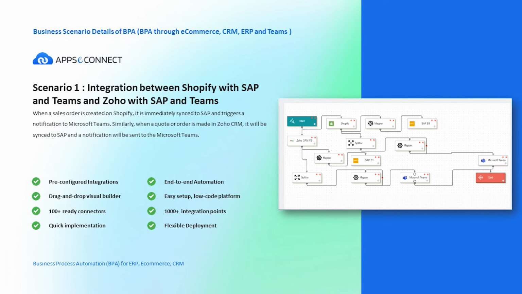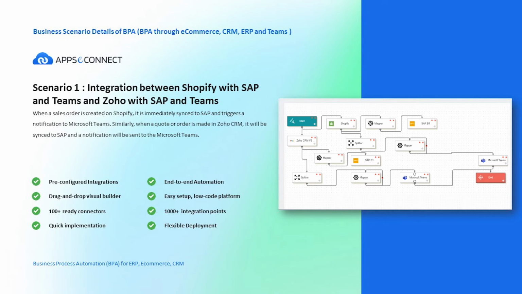I would like to share the automation in sales operation here, where we will be integrating Shopify with SAP and Teams, and Zoho CRM with SAP and Teams. When a sales order is created on the front facing platform, let's say Shopify, which is an e-commerce platform, it immediately syncs to SAP, and a notification will be triggered to the Microsoft Teams account, maybe of the delivery manager of that organization.